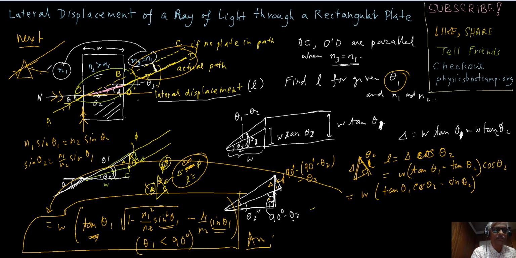So you can see this angle. What's the angle between the original direction and the new direction? If you move it backward, so that angle. So we're going to work out a formula for that angle. That displacement is called angular deviation of a prism. We're going to do that in the next lecture or next problem.